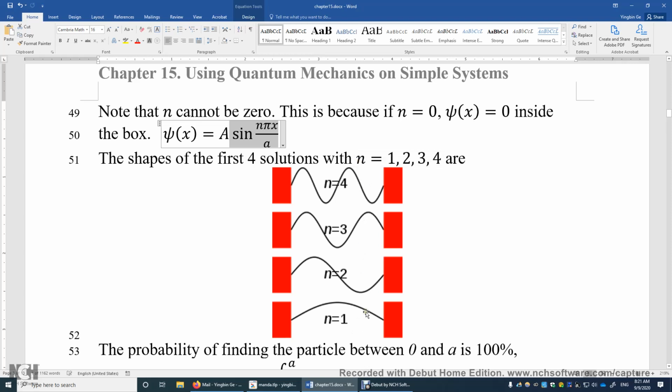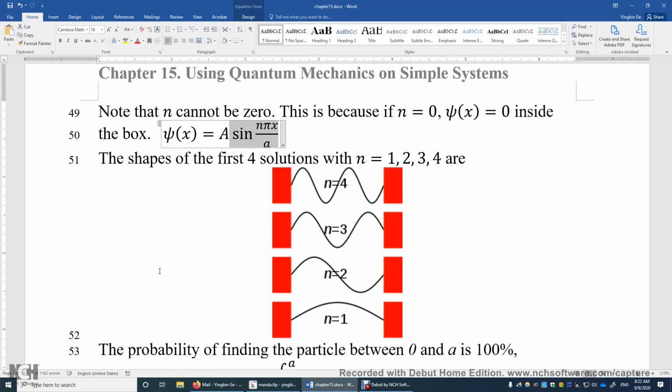And also you can tell, as n increases, the number of nodes increases. Also, the energy increases. You learned this, I think, in organic chemistry, when you have an anti-bonding orbital versus a bonding orbital. Let's make it simpler. Let's just look at an anti-bonding sigma versus bonding sigma.